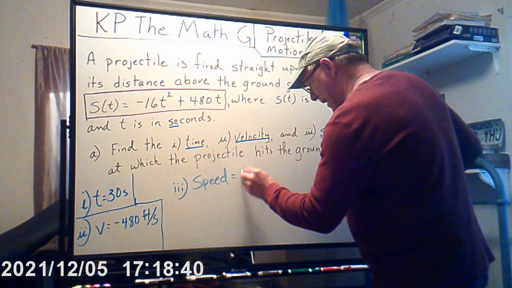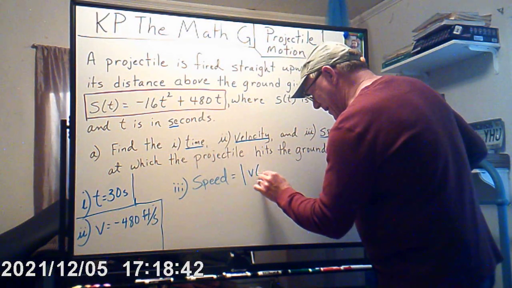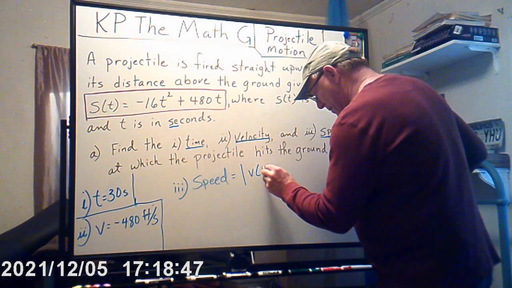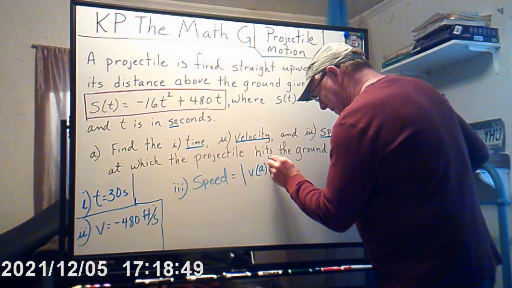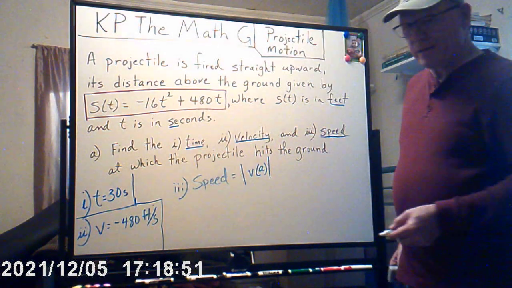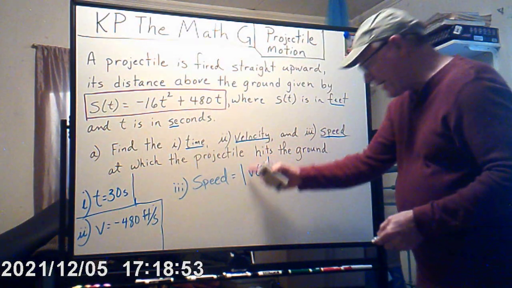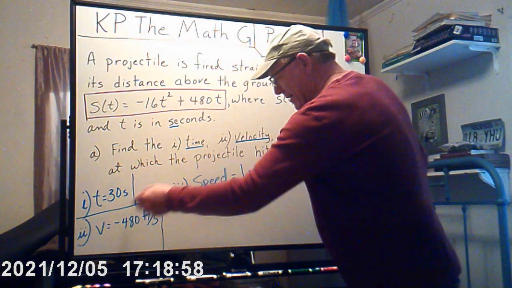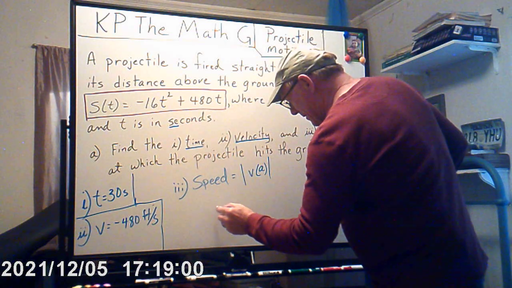It is the absolute value of v at some number, whatever a is. Well, we already know what v is. So here's the speed.